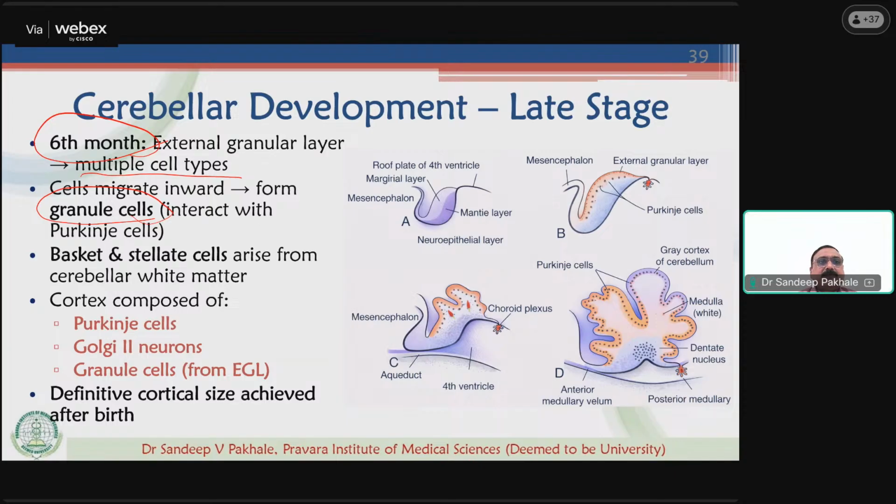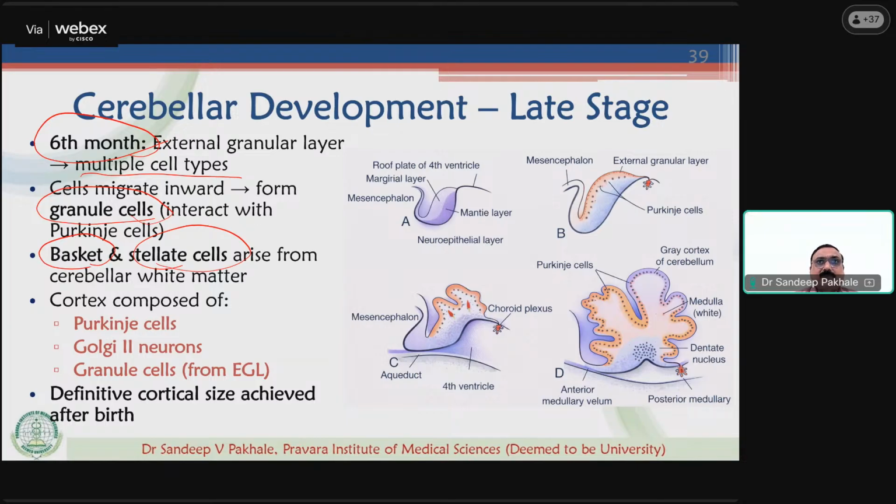At the same time, basket cells and stellate cells arise from proliferating cells within the cerebellar white matter. The cerebellar cortex is composed of Purkinje cells, Golgi type 2 neurons, and granule cells.